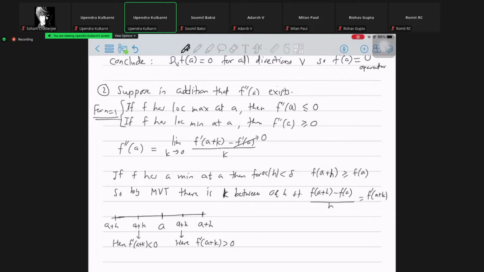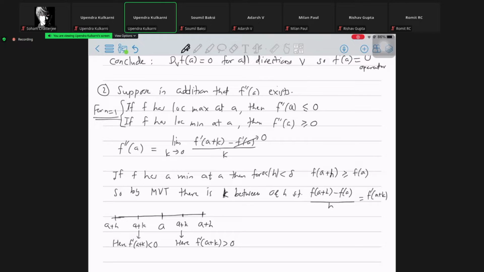So what happens in the limit? In the quantity f prime of a plus k, forget the fact I'm dividing by k. When k is positive, the quantity up top, for infinitely many values of k, I mean, for every small h I can get a small k, correct?